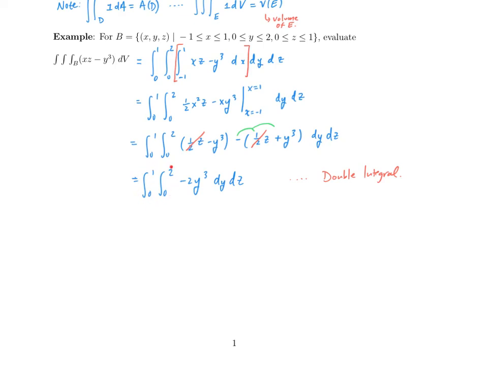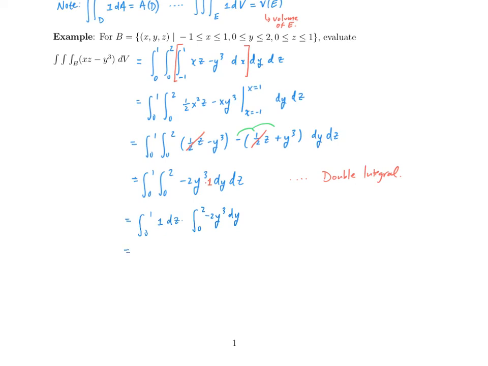We are integrating over a rectangle, and the function we're integrating is a function of y times a function of z. And in this case, there's a times 1 hiding that can play the role of the function of z. So we can break it up into 2 single integrals. The integral with respect to z multiplied by this integral with respect to y.